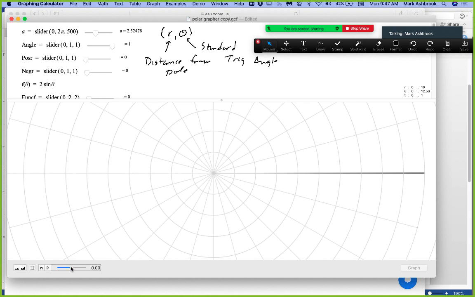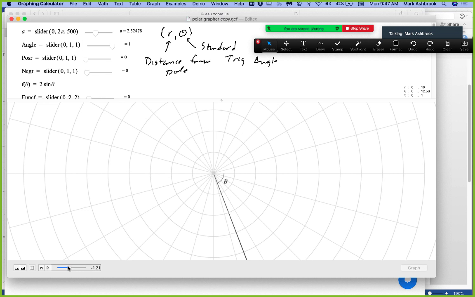So here's our standard trig angle, swept counterclockwise from the positive x-axis. This is how we define sine and cosine and all the trig functions. So these are positive angles. What is a negative angle? That would be sweeping clockwise.